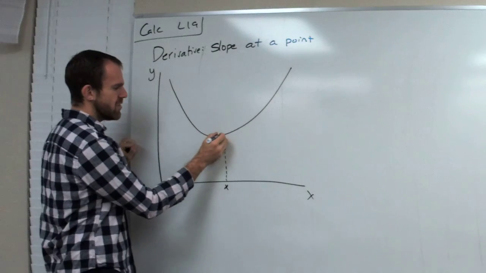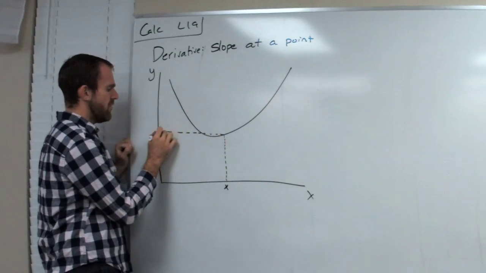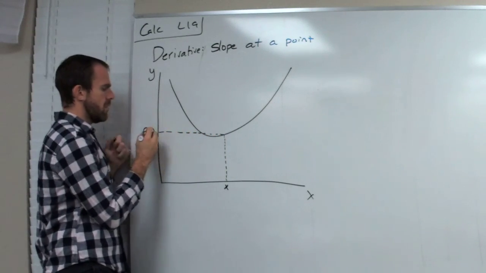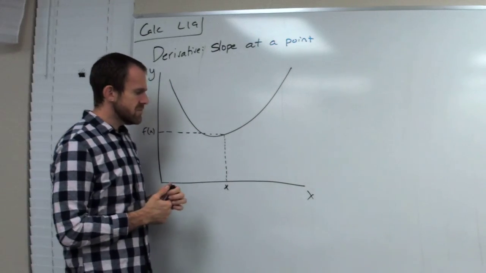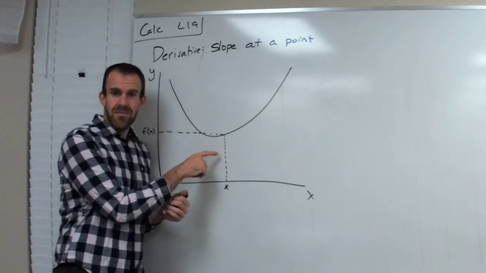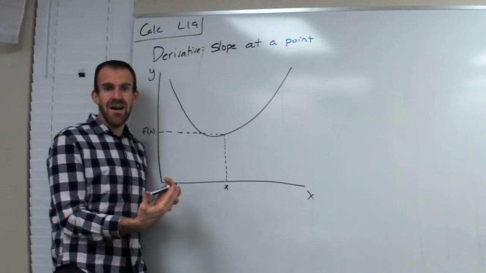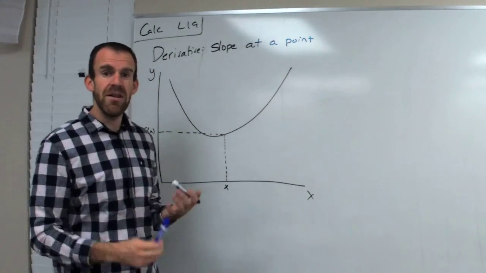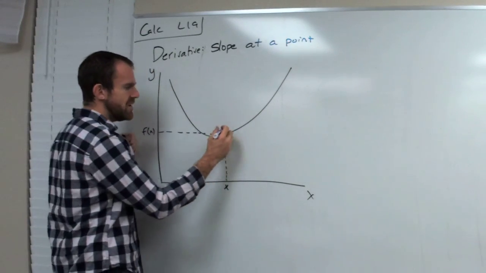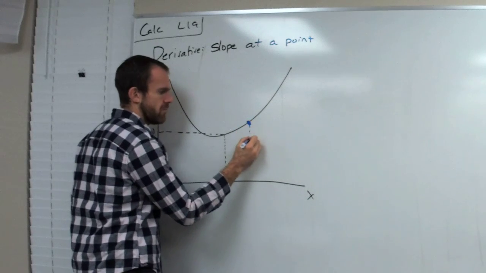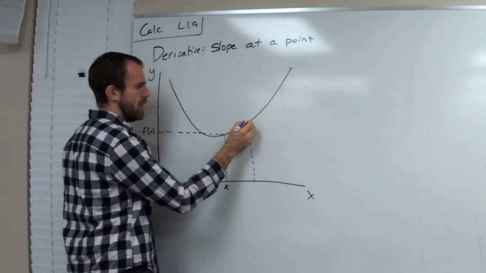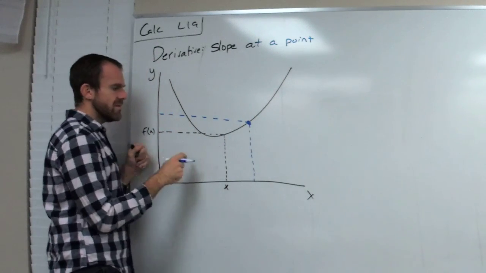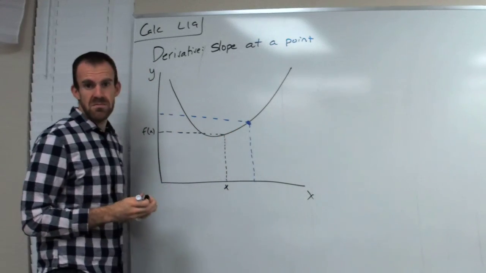Then what they did, and we'll call this f of x, they said, well, I want to find the slope there. In order to find the slope of a line, I need 2 points. We remember that from algebra. So I'm going to take another point here and use that point and this point to find the slope.